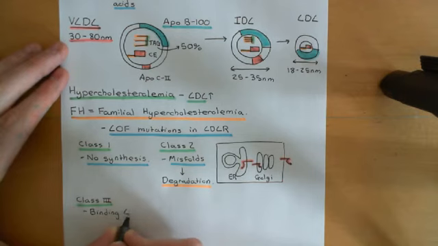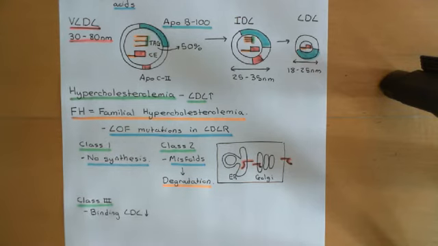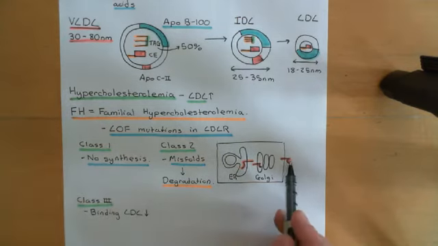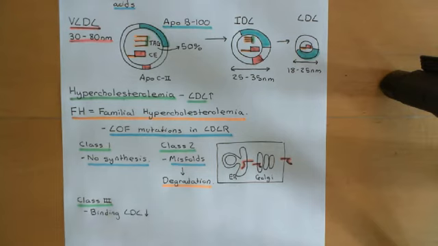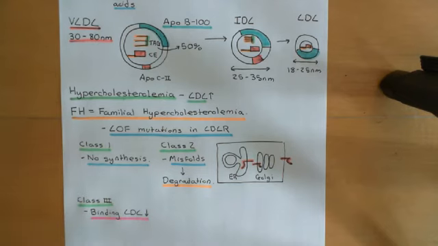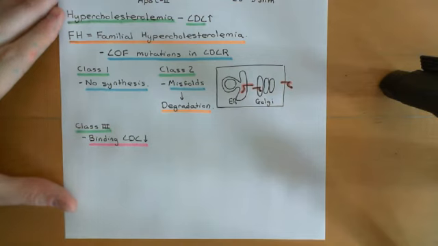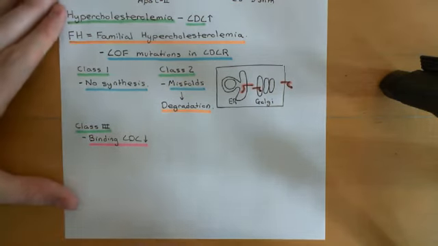It has much less ability to bind LDL, because mutations occurred in the ligand binding domain, so it's just not capable of binding LDL well at all. Therefore, effectively again it's a useless LDL receptor. We've synthesized it and trafficked it to the plasma membrane, but it's not functional.